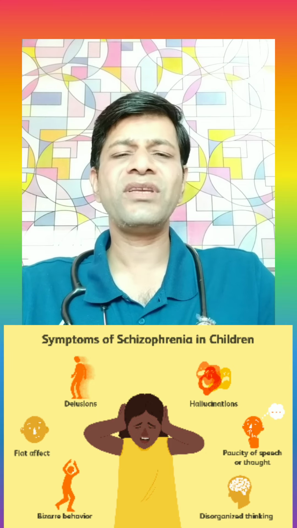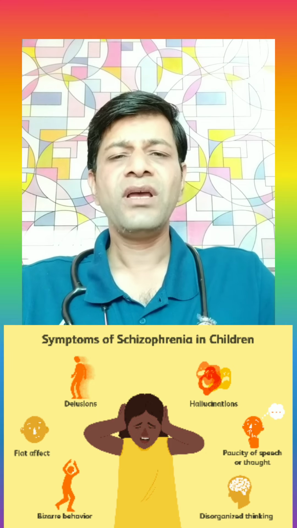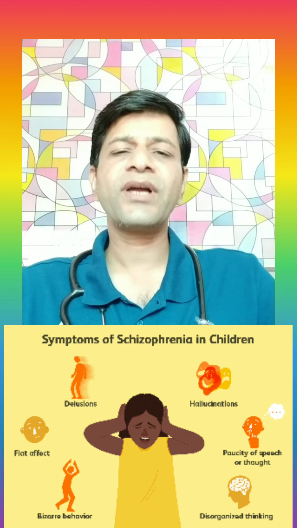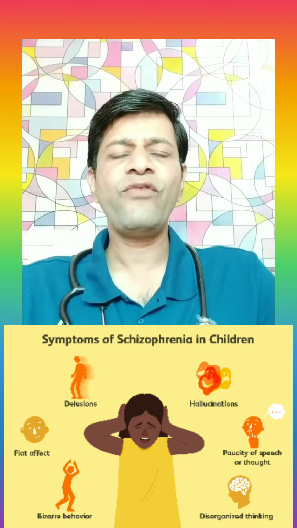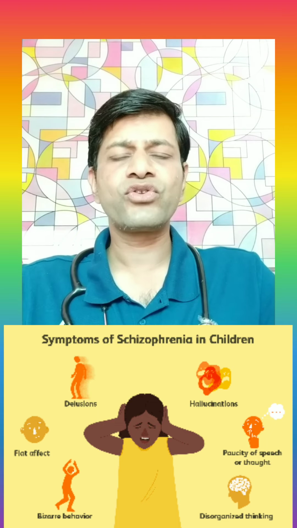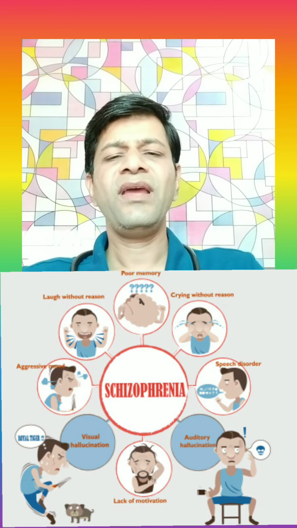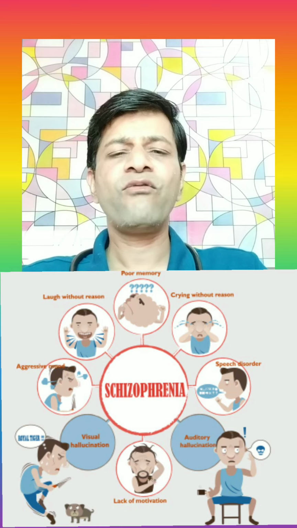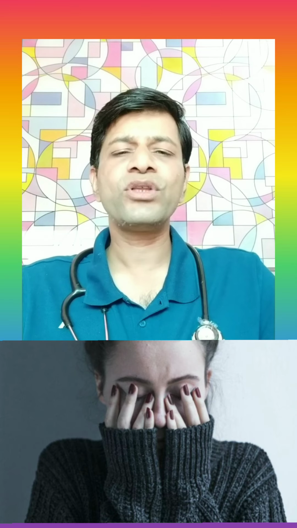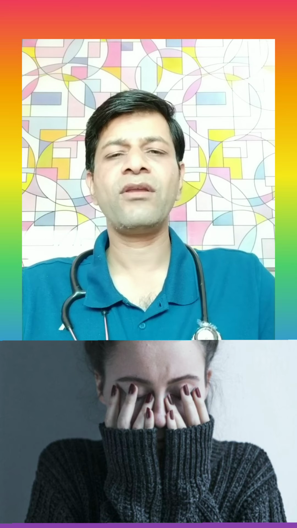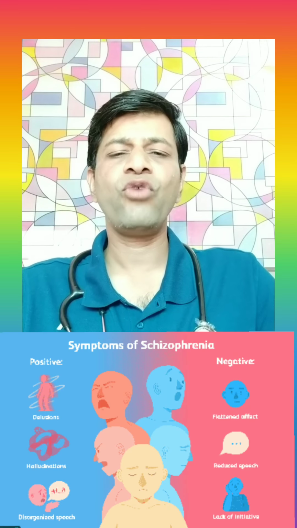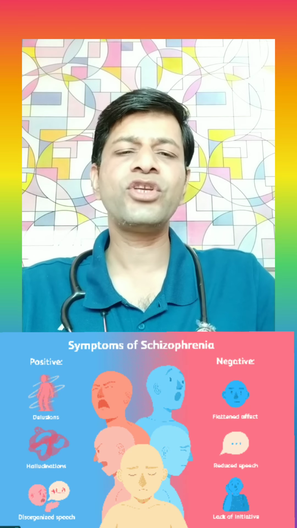The patient is hurried and worried. He always thinks to do or not to do. He is in a confused state. His self-confidence is very much reduced. He has fear, and he always thinks about things that will happen in the future, or the worst that will happen in the future. These are the symptoms of schizophrenia.